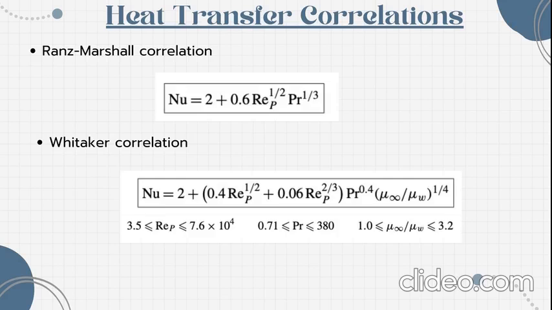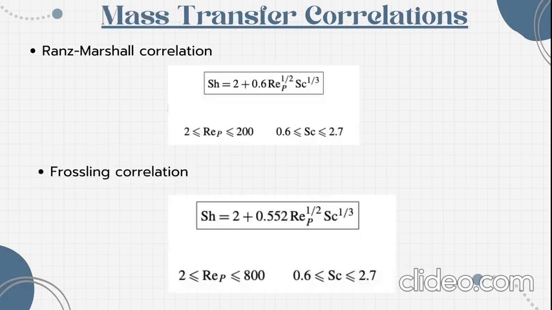The range of Prandtl number is 0.71 to 380. These calculations are important in many areas like electronics cooling, reactor design, and in design of sensors and probes, etc.